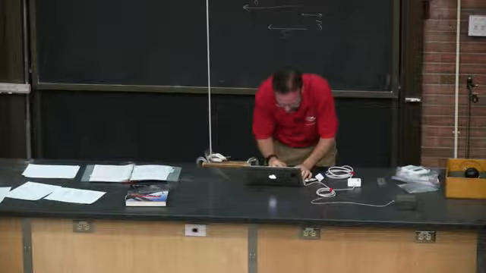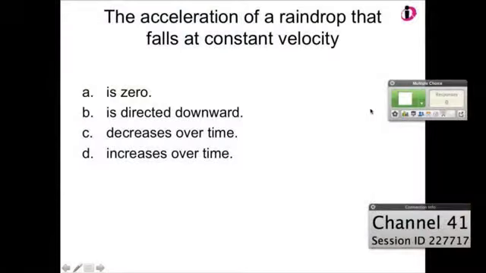26. Polling open now. So how about a falling raindrop? If your first thought is, I don't know, he didn't give me any numbers, that's why it's a conceptual physics class. Think about what's going on.